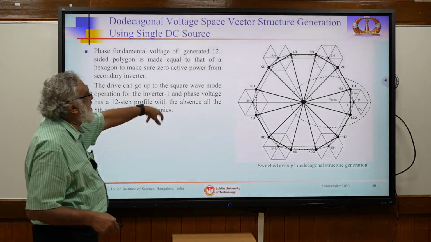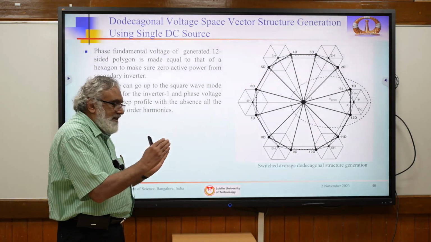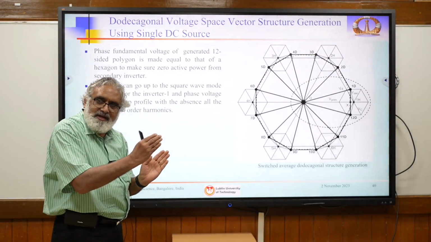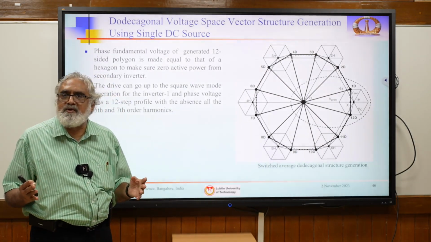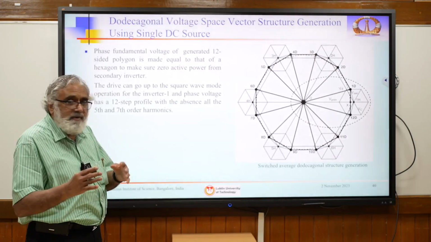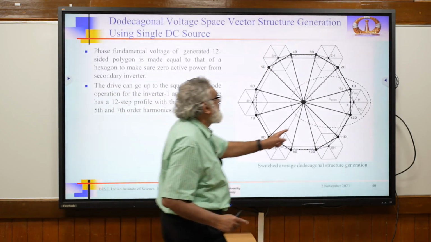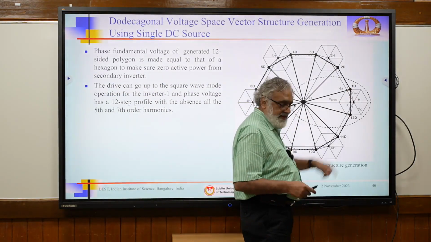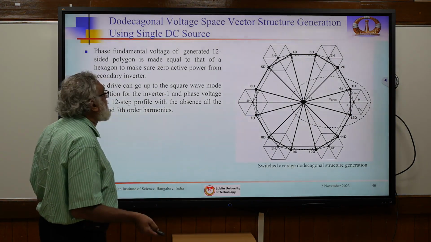See, this way with switch averaging we got the 12-sided vector, and then the capacitor, while slowly shifting the vector this way, that way, the balance, exactly at that position, the net power drawn, the real power, is 0. In a fundamental cycle, 6 times it will be switching, and the net power will be 0. But due to non-idealities, the capacitor can charge or discharge. That can be balanced by slightly tilting this way during the PWM operation. That is the idea here.